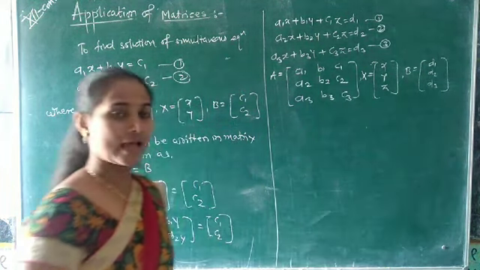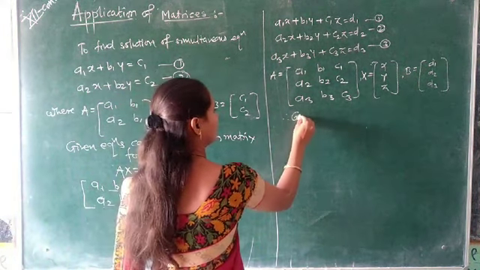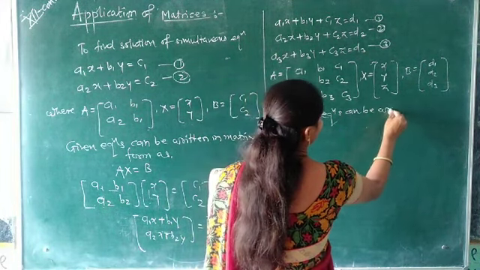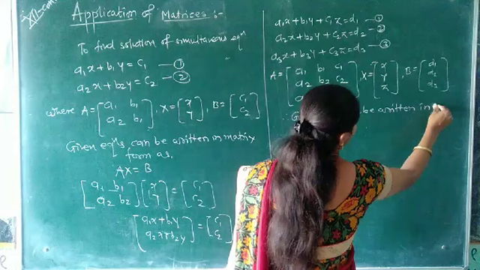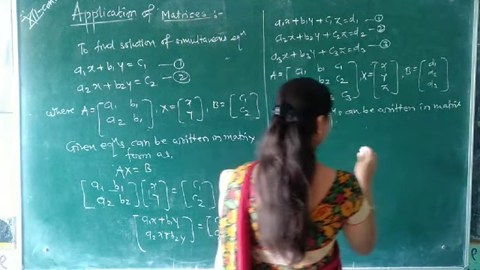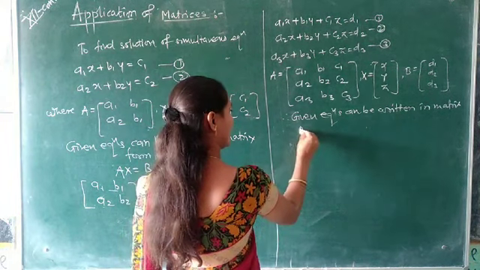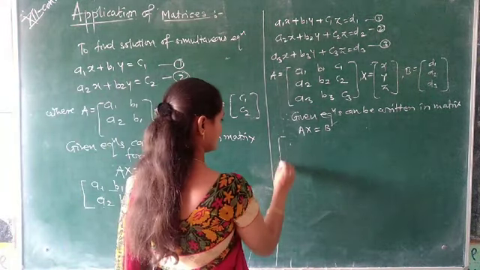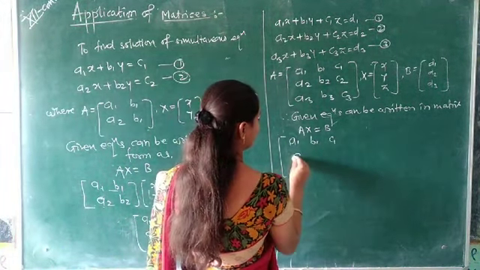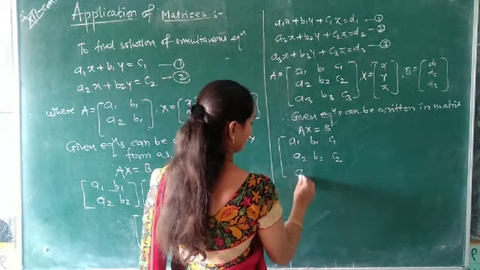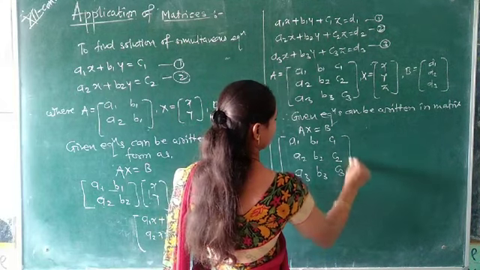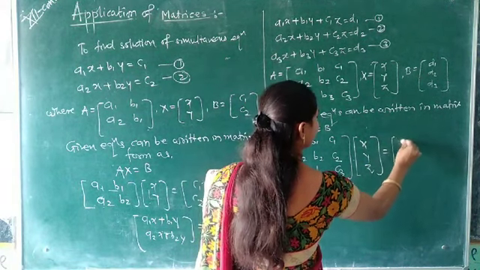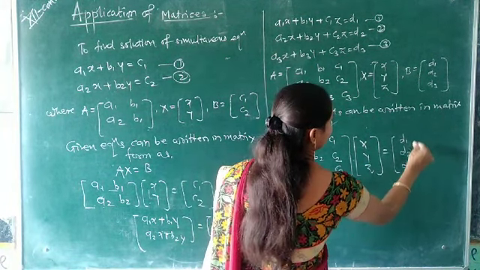Again the matrix equation can be written as: therefore the given equations can be written in matrix form as AX is equal to B, that is, a1 b1 c1, a2 b2 c2, a3 b3 c3 times x y z is equal to d1 d2 d3.